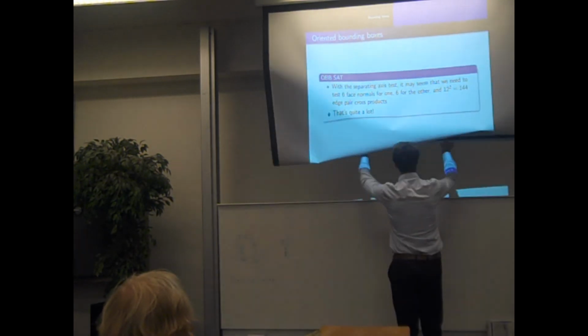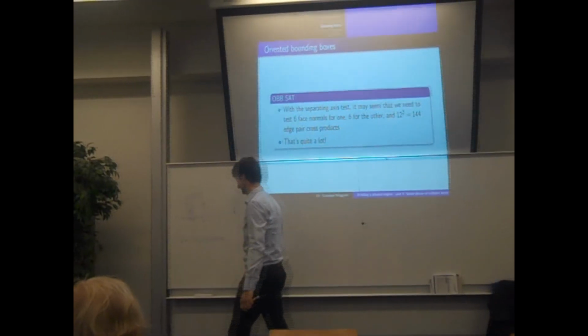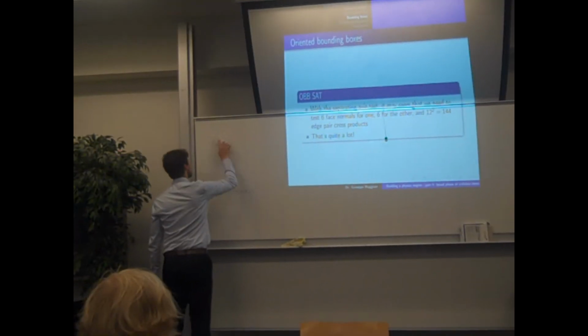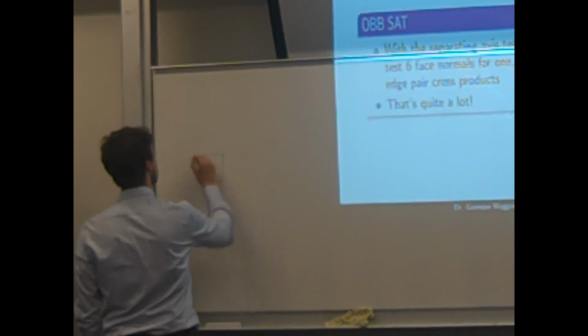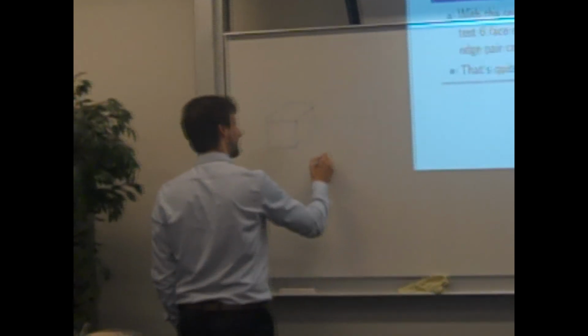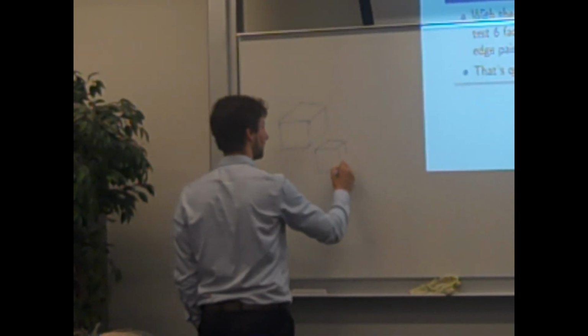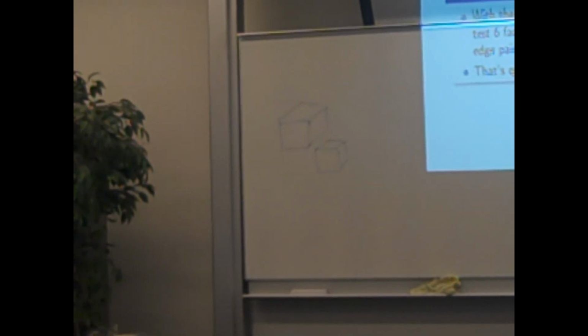Let's draw a box. So, this is a box. And this is another box, right? Now, let's think about the cross products between the edges, right?